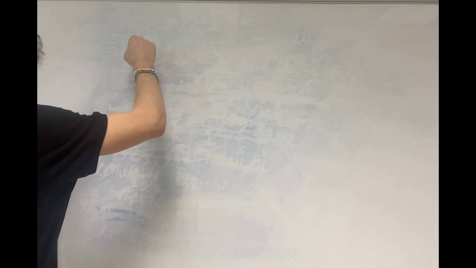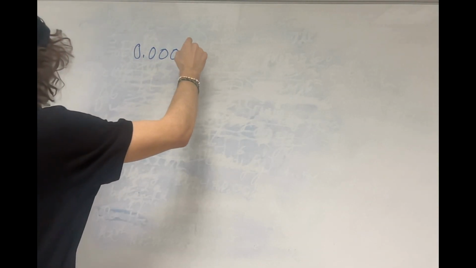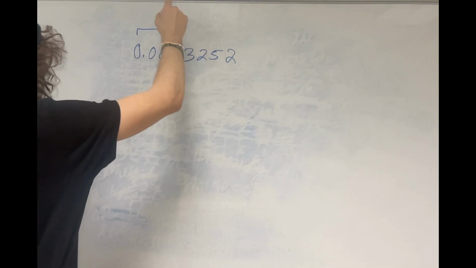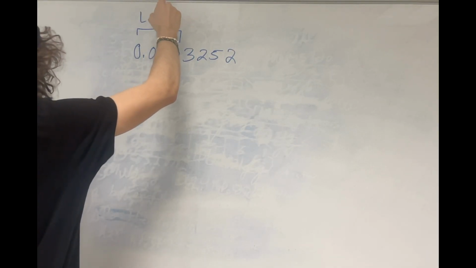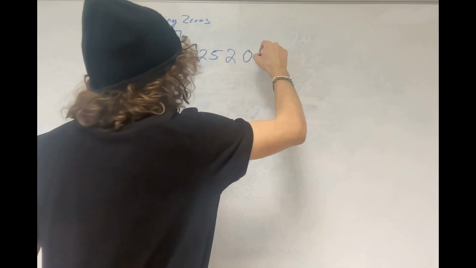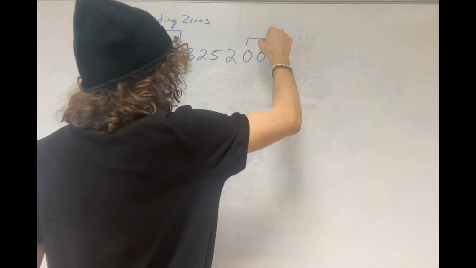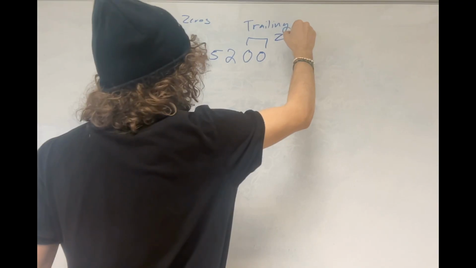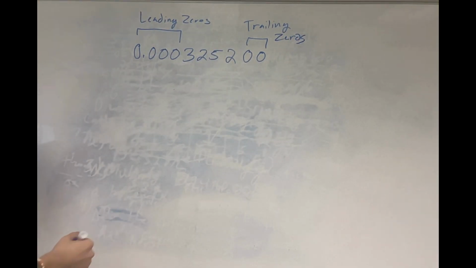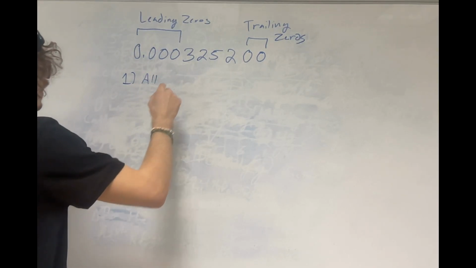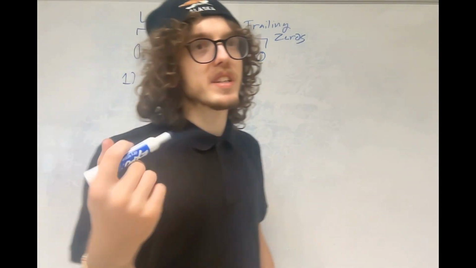So counting sig figs goes something like this. If we have some number like this, we call these leading zeros. And we call these trailing zeros. Rule number 1 is that all non-zero numbers count when we want to figure out the number of significant figures.